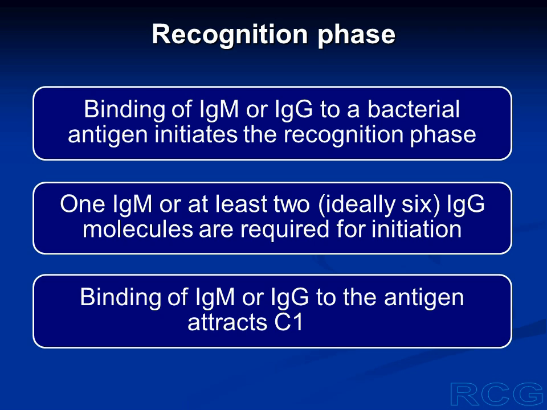When this antibody, whether it is IgM or IgG, is bound to the antigen on the surface of the bacterial cell, the variable region of the immunoglobulin is bound to the antigen. The constant region is free. So this constant region of the immunoglobulin attracts complement component C1, and this C1 binds to the constant region of the immunoglobulin or the antibody.